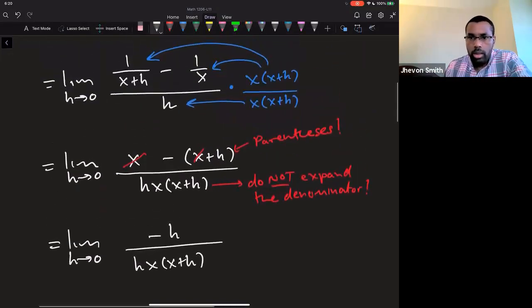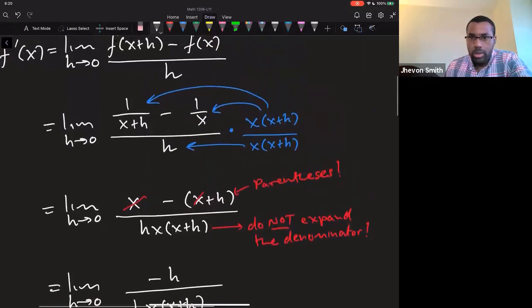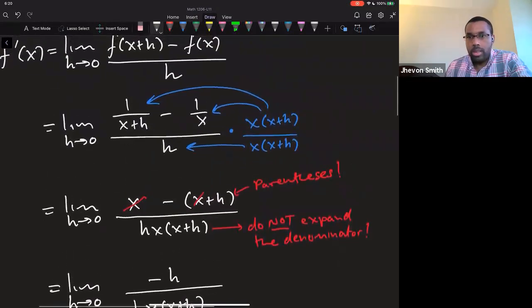Oh, someone said they were lost. Where did I lose you? Are you telling me that I lost the negative sign, or are you lost as in you don't know what I'm doing?